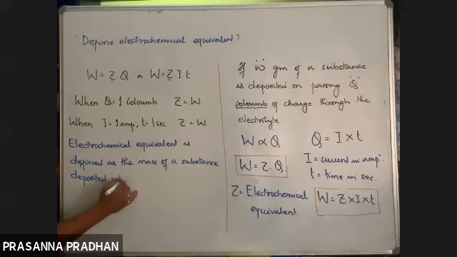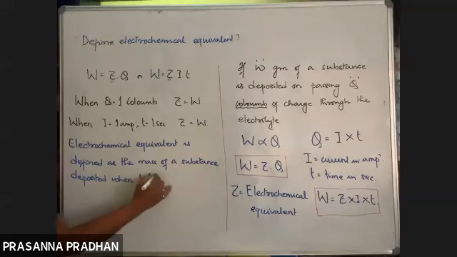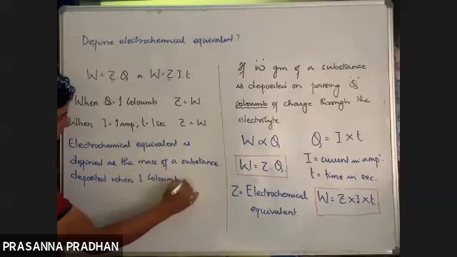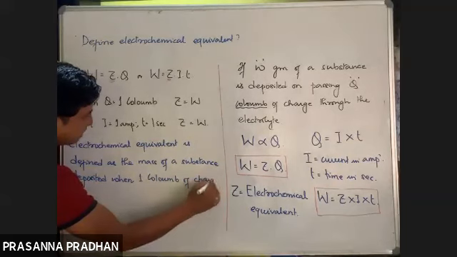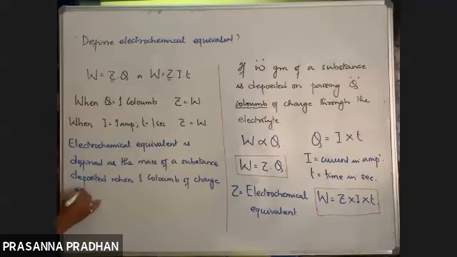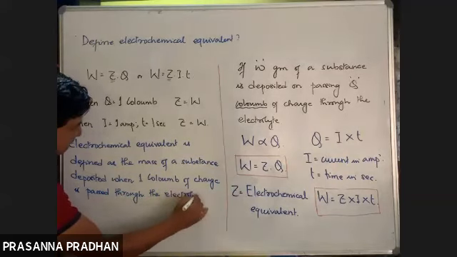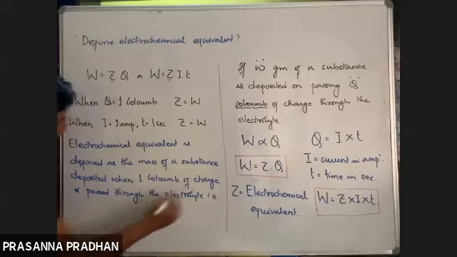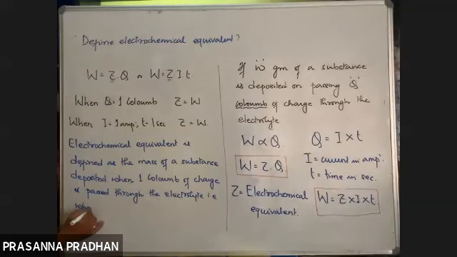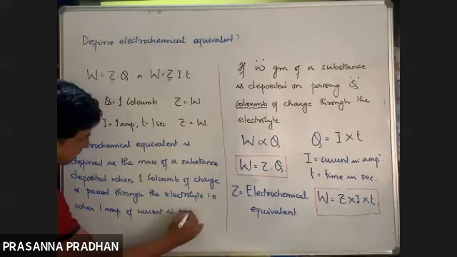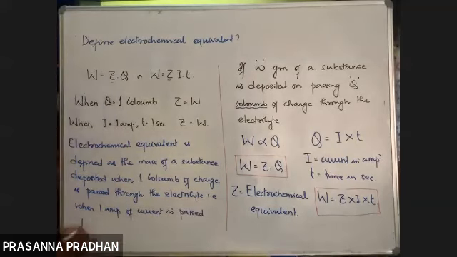Okay, when 1 coulomb of charge is passed through the electrolyte, that is, when 1 ampere of current is passed for how many seconds?